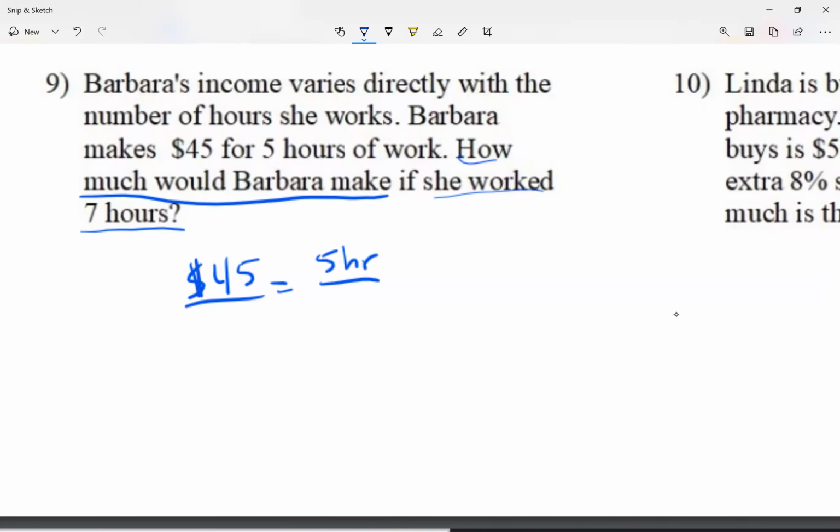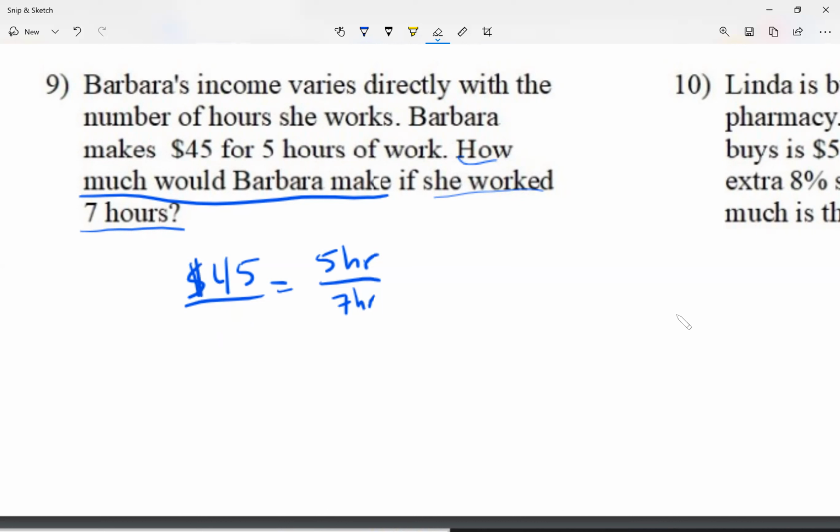Now, when you think about 7 hours, it could go under one fraction or the other fraction. Let me do that, to be honest, that way we're going to know which fraction it goes under. Notice how on the right side I have hours with hours. So make sure you keep the same measurement.